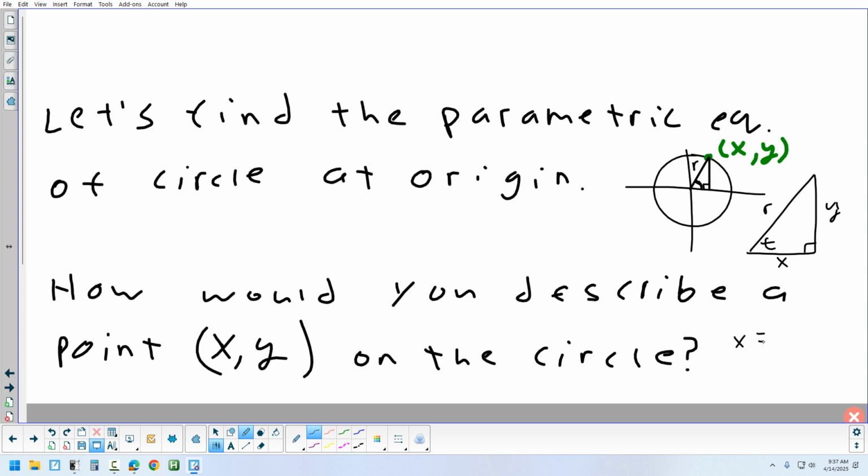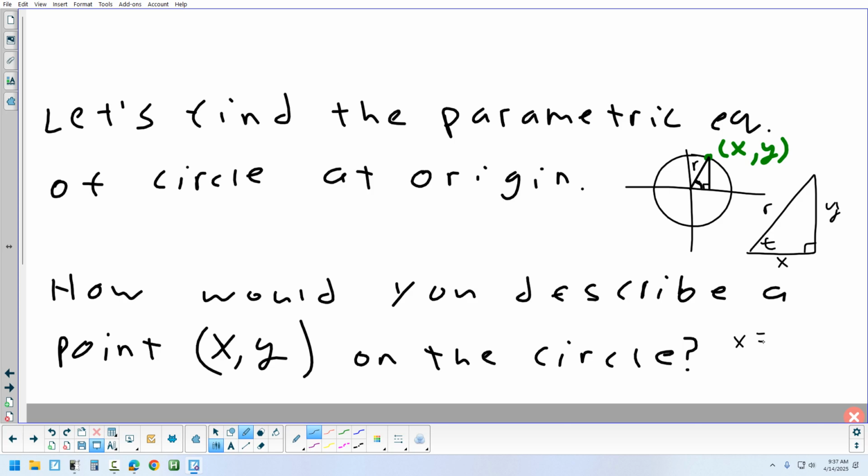I'm pretty sure. So this is where we need to know trig. Not everyone had the same teacher. Wait, do we know the angle? No, it's going to be a variable. It's going to be t. So t is your angle.